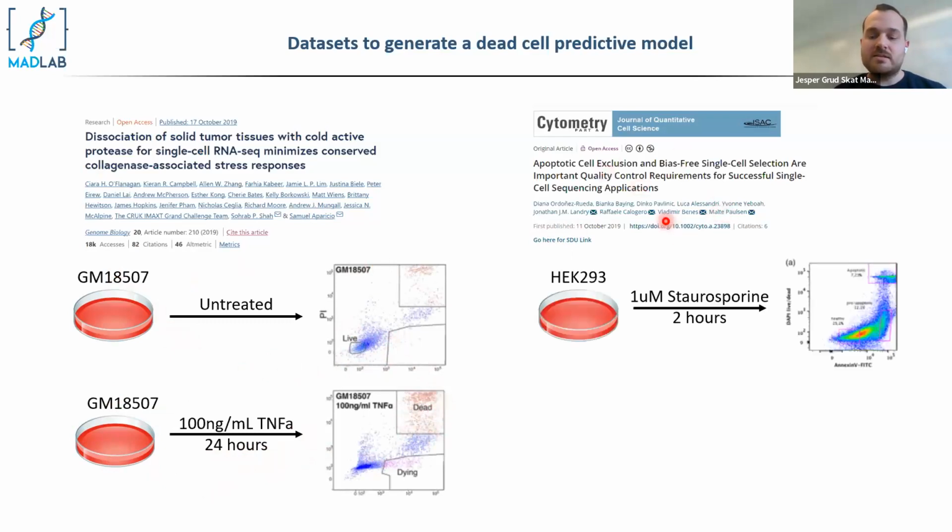Similarly, these authors had HEK cells and induced apoptosis, but then from the same sample they separated out live and dead cells. So with these data, we have data sets where we have ground truth because we know which are live and dead cells. We used those data to build a classifier for finding dead cells.